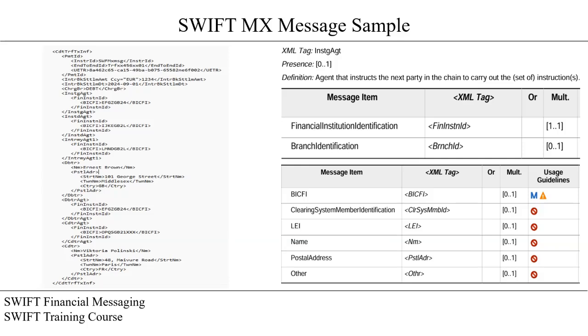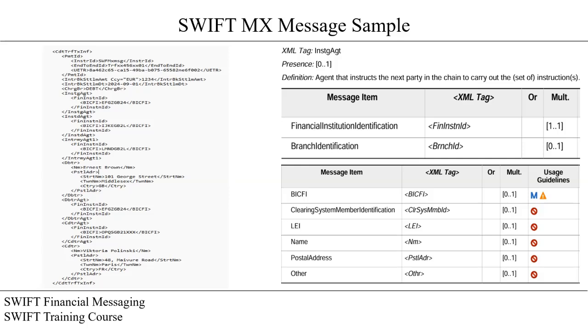So those are the BIC details in there. Because this is just an example, we're not using real BICs. They're test BICs that have been changed and altered just for this video, so they're not real BICs. But this is a good example of what an MX message looks like.